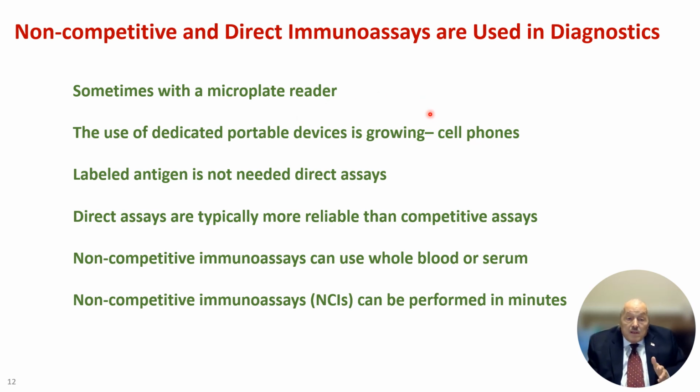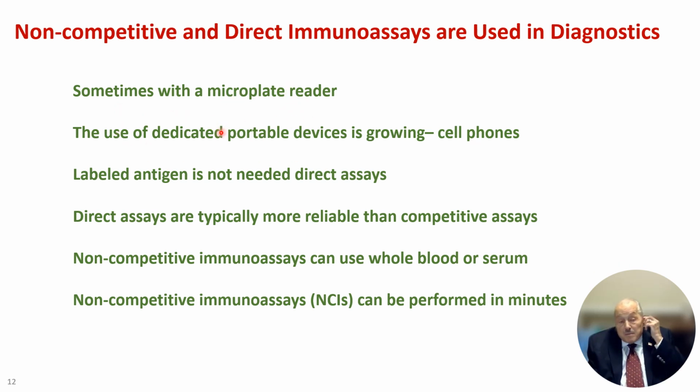So we spoke about using the competitive immunoassays in drug discovery. In more recent years, there's been a very different use of immunoassays, which are the non-competitive or direct immunoassays.